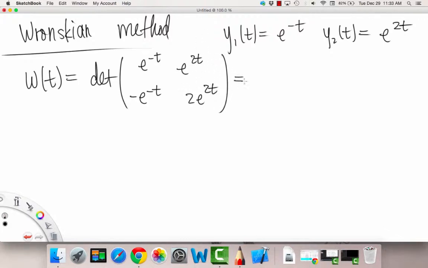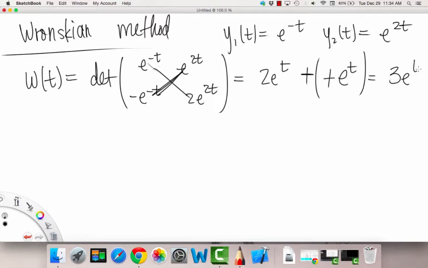So when we actually take the determinant of this, we take the product of this, so that would be 2e to the t. And then we subtract the product of the other, so that would be minus a minus e to the t. So these negatives turn positive, and our answer is going to be 3e to the t.